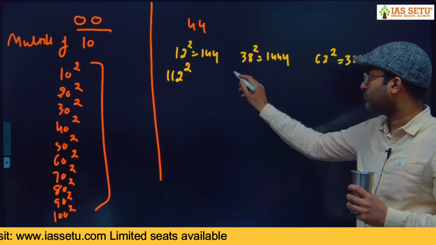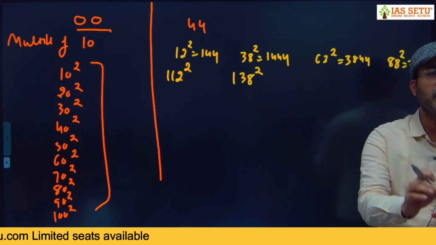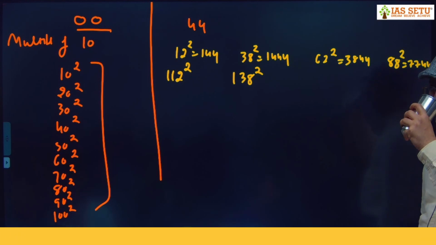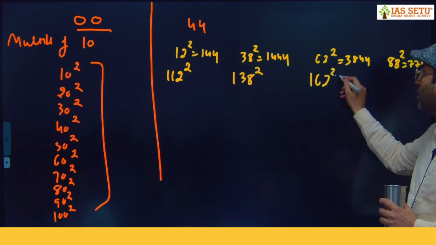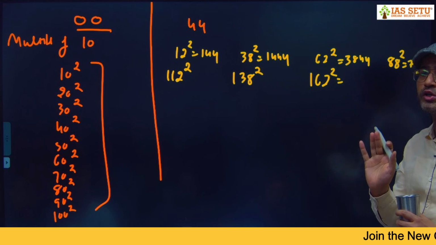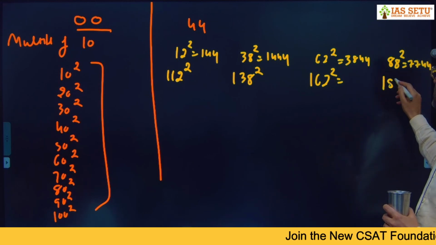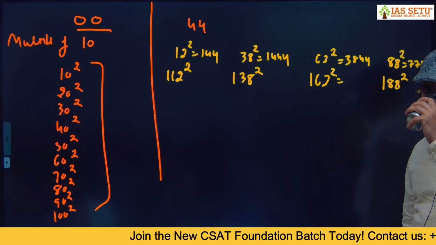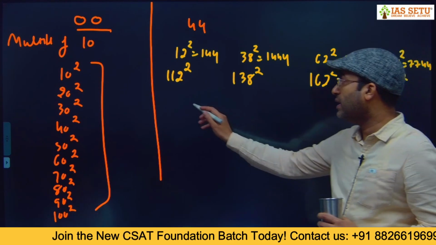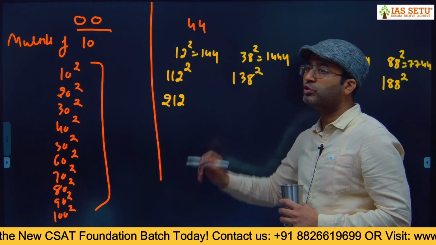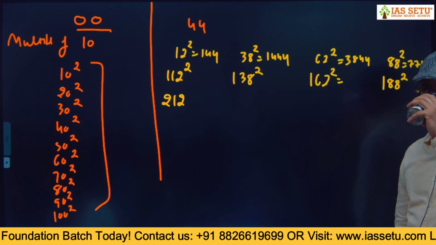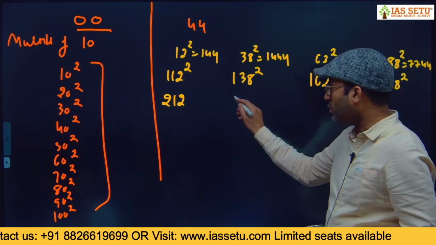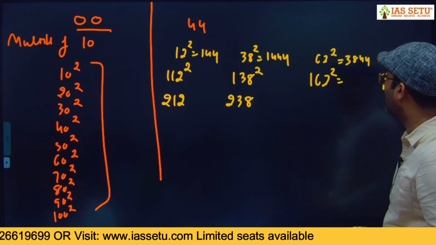44. Try 162 into 162. My concern is the last two digits 44, yes or no? Yes. Try 188 into 188, means 188 square. Next, 212 into 212. 238 into 238.